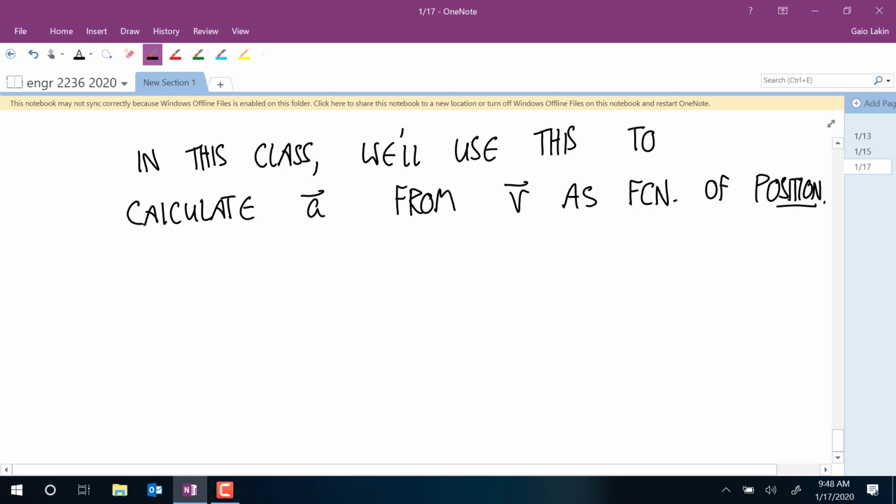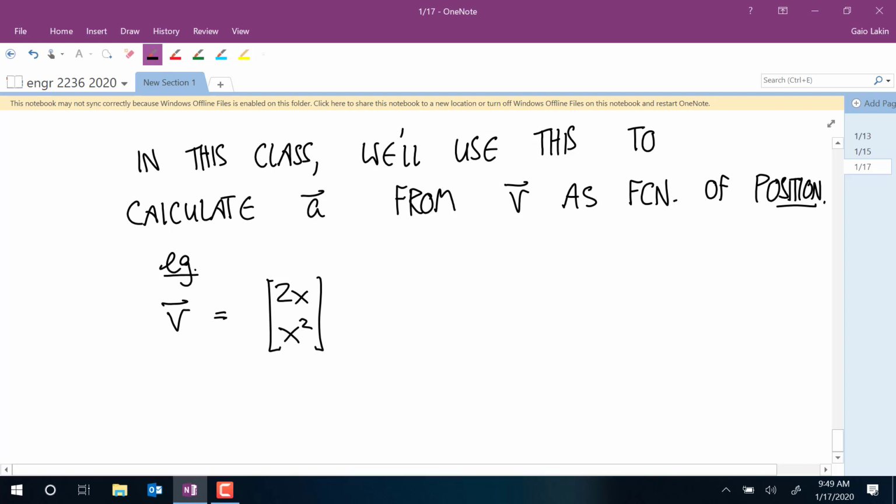So for example, let's say that the velocity we know is equal to 2x, x squared. What that says is this object is moving along some path, but the speed that it's going along that path is determined by where its horizontal position is.